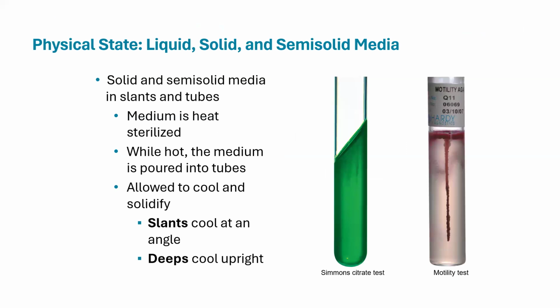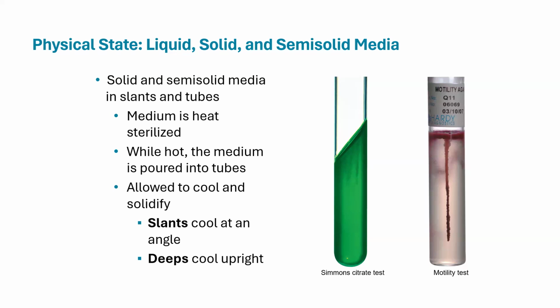Now we can put these things, whether it's liquid, solid, or semi-solid, into tubes. Here we have two different types of tubes. The Simmons citrate is a regular solid agar, and this motility test is a semi-solid agar. They can be done in slant format like this, where there's a slanted area.